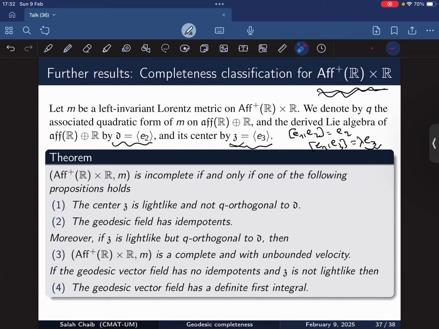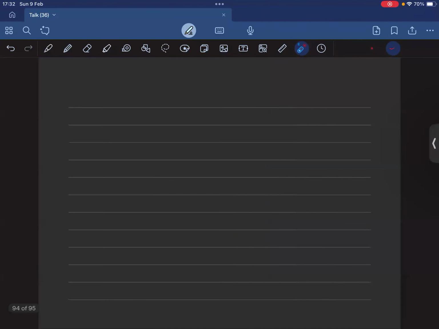And if you remember, it remains the 1 parameter family given by the elliptic algebras.